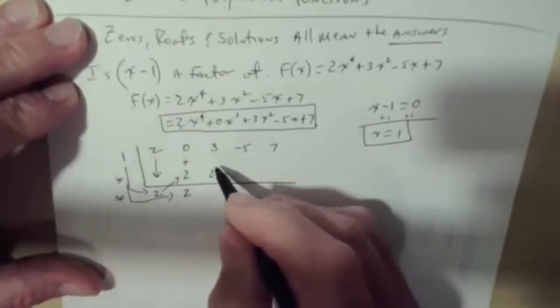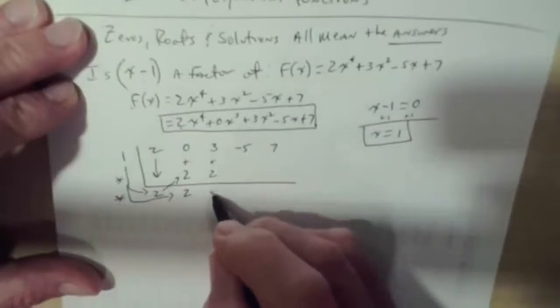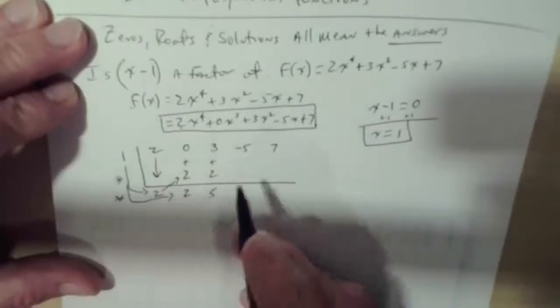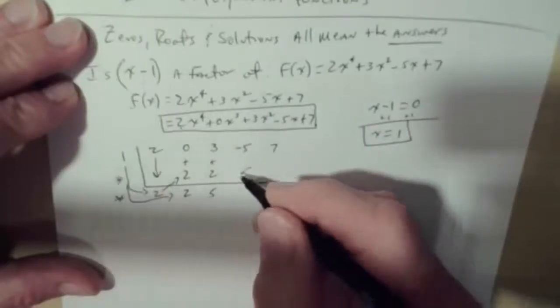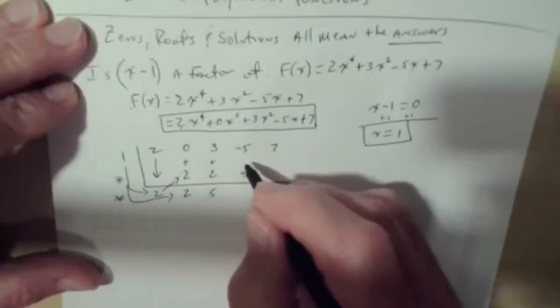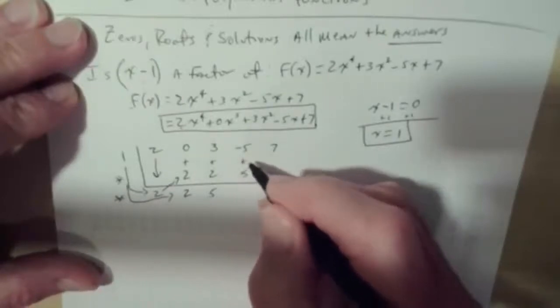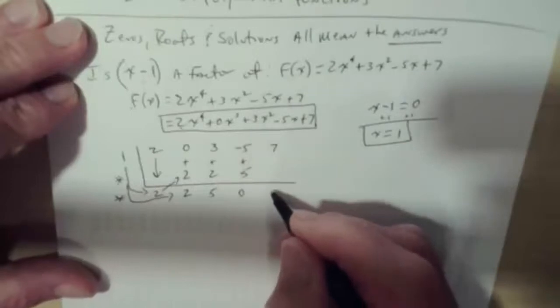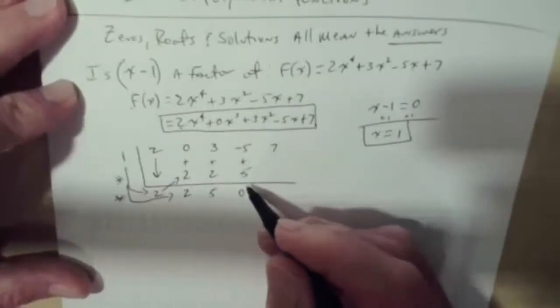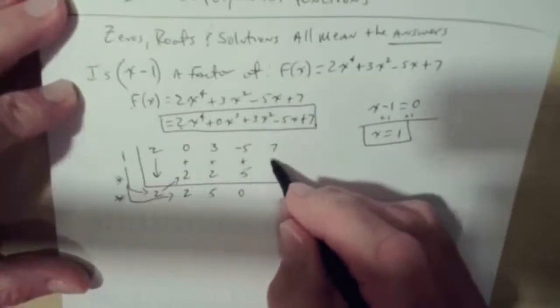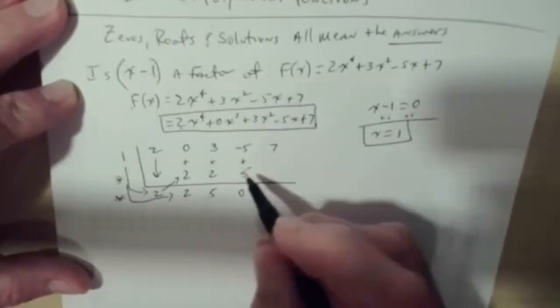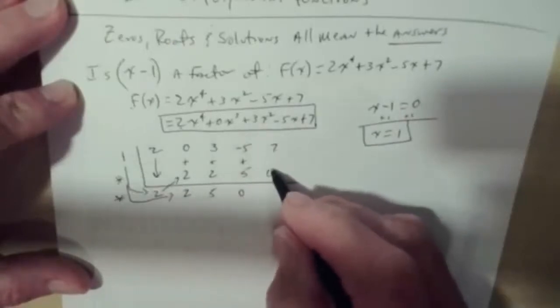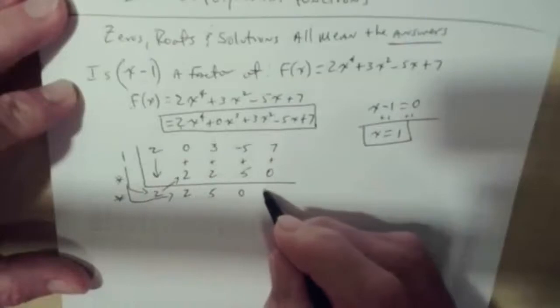We add these two together. We get 5. 1 times 5 is 5. And we add, we get 0. Does that mean it's a factor? No, we still have this one that we have to bring down. 1 times 0 is 0. We add those two together, and we have a remainder of 7.